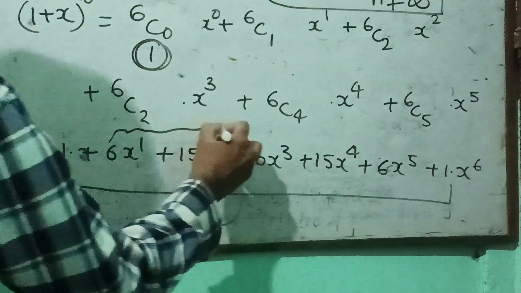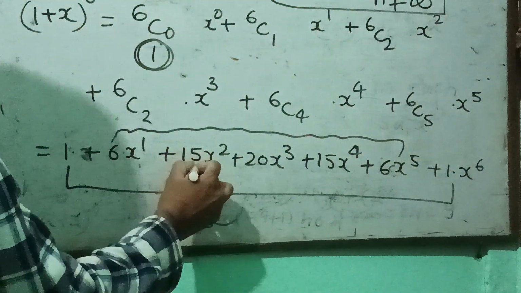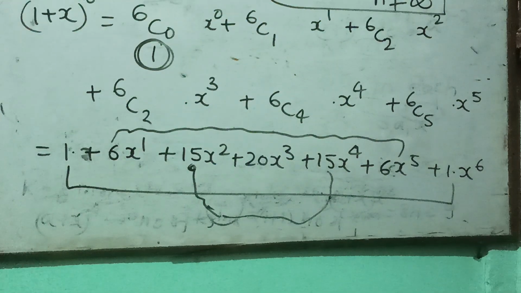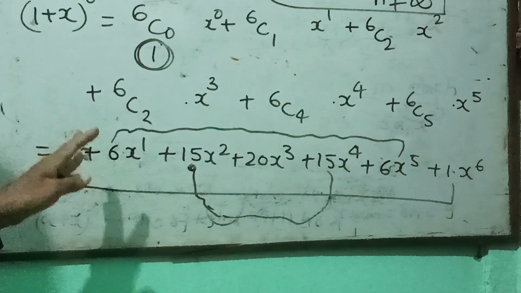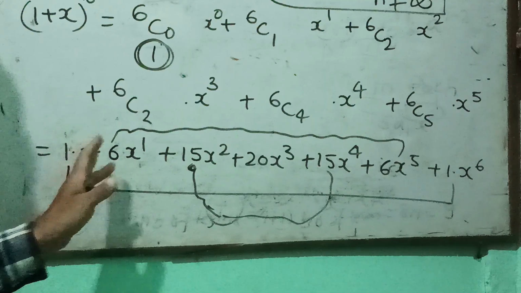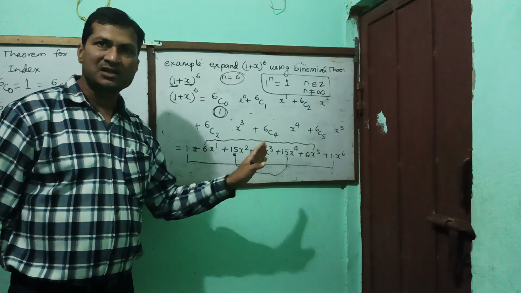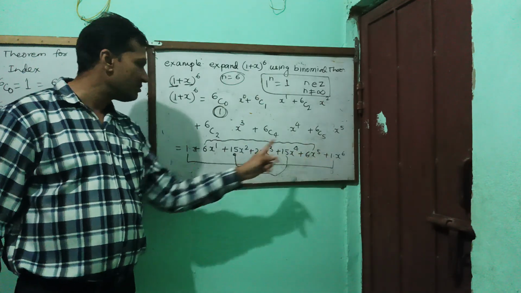The second term and second last term coefficients are also same. The third term and third last term coefficients are same. So this is also one property. In any binomial expansion, the coefficients of the first term and last term are the same, which means coefficients from the beginning and from the last are equal. The first term from the beginning and the first from the last are same.